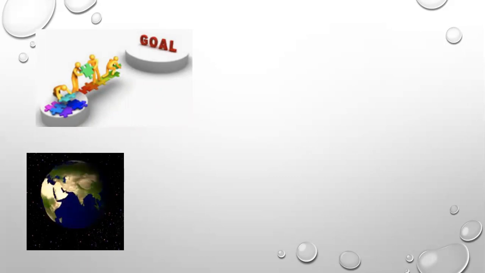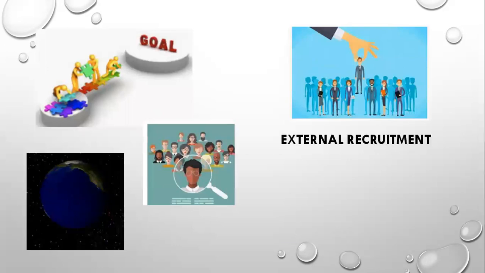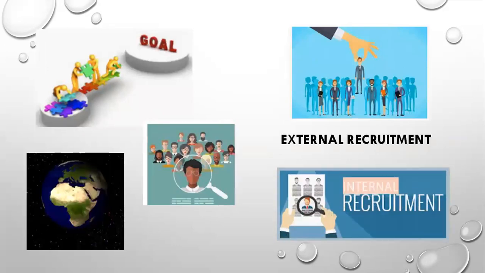So not only are we looking for candidates outside the company, but we also do internal recruitment. What is the difference between the two? When we talk about external recruitment, we are looking for candidates outside the company.